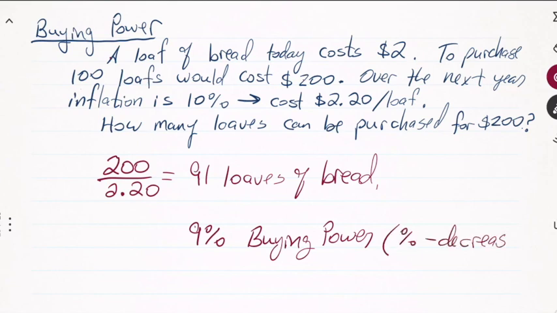We are losing the ability to purchase 9% of the bread that we used to be able to purchase. Notice that 9% buying power is really close to the 10% inflation rate. They're never exactly the same, but because one is based on the other, they're in the neighborhood.